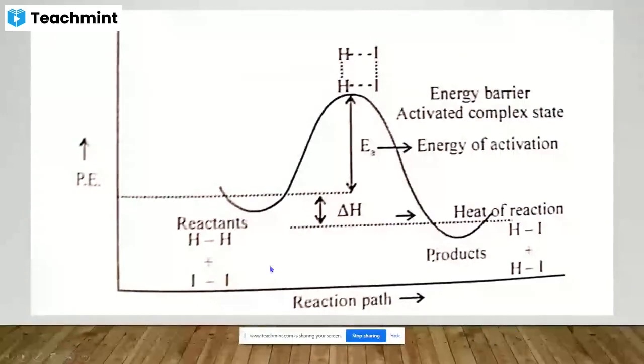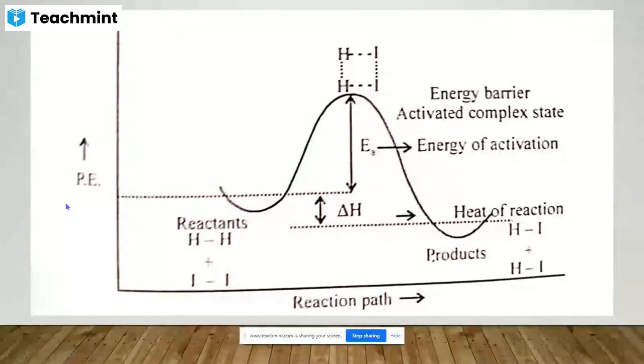Here we have taken another example, hydrogen H2 along with the iodine molecule, I2. When H2 and I2 come close to each other, at the same time the energy is increasing. The energy graph rises, indicating that the potential energy of the reactant molecules increases.